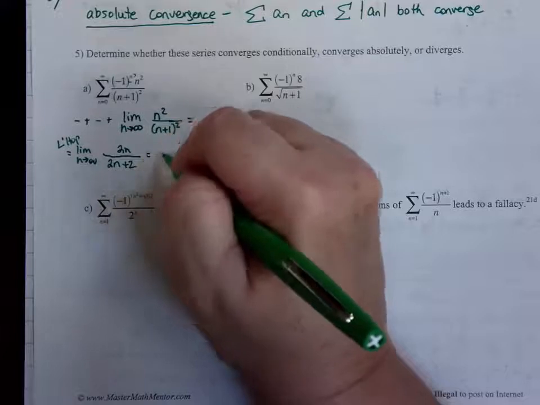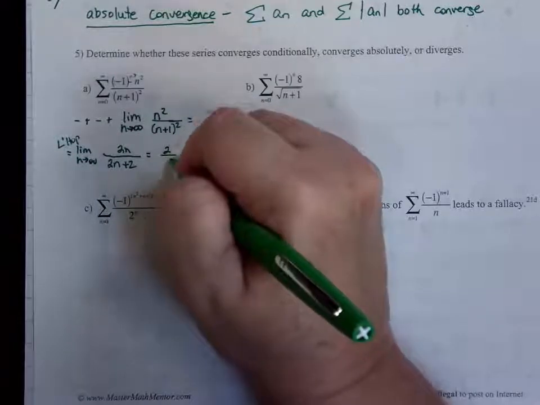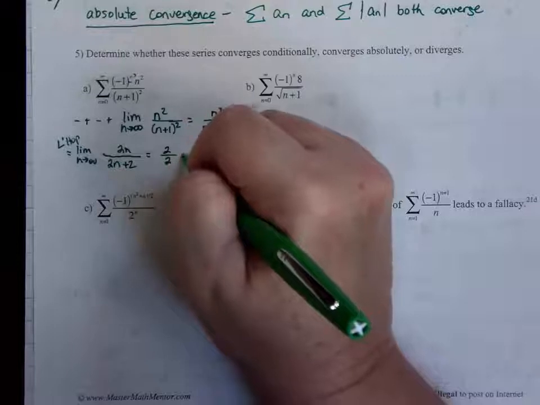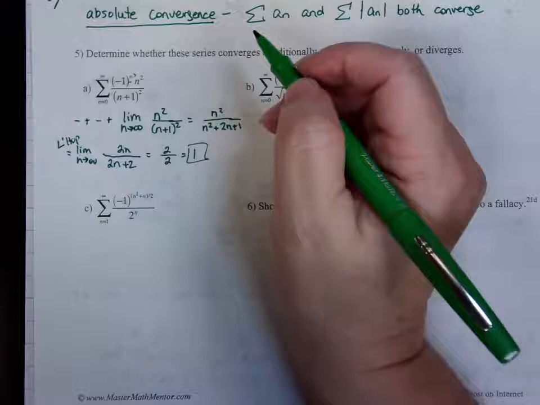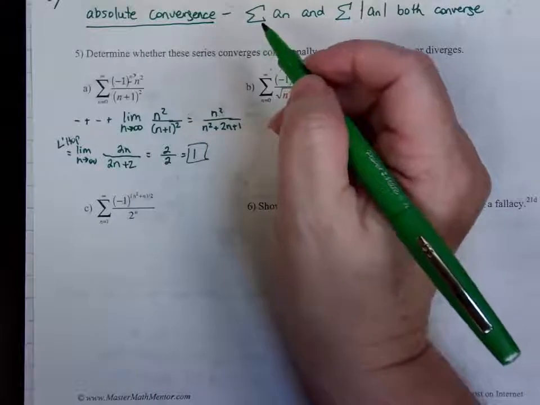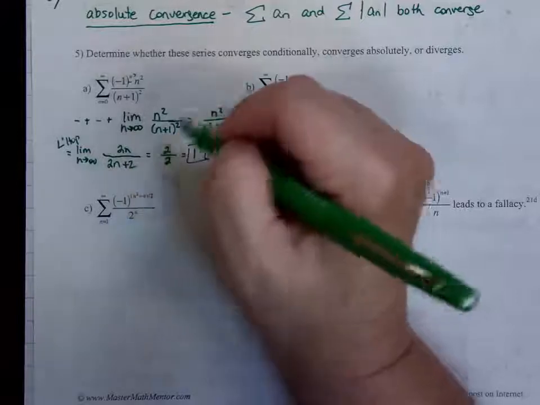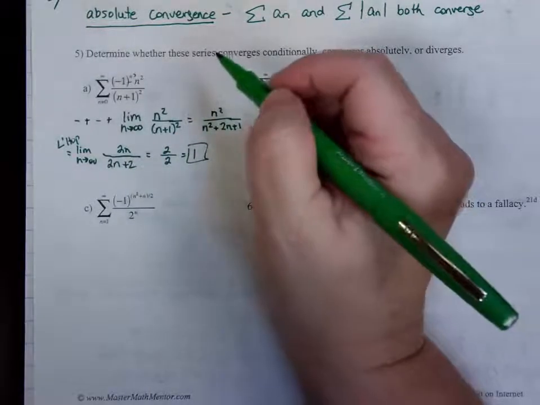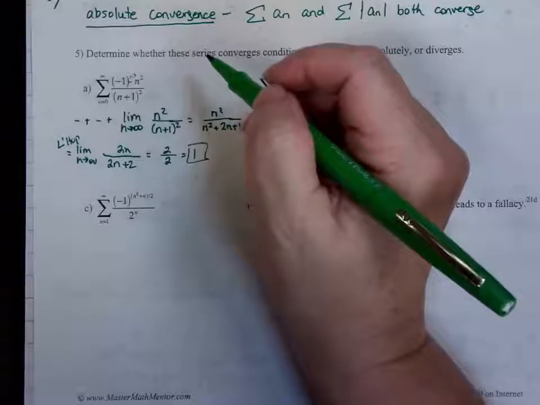So that would be 2 over 2, which is 1. Okay? So whenever we do L'Hopital's rule, we have to keep taking the derivative until we can't anymore. You take the derivative until either the top or the bottom has no n's left. As soon as one of them runs out of n's. Sometimes they run out of n's together.